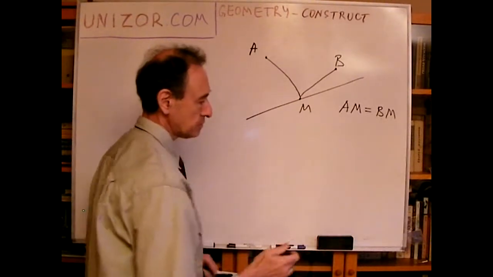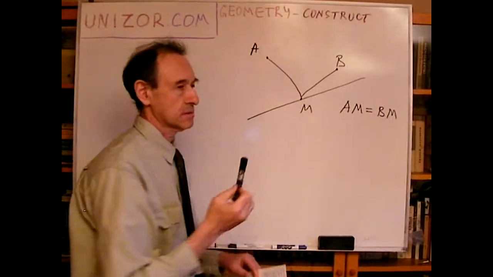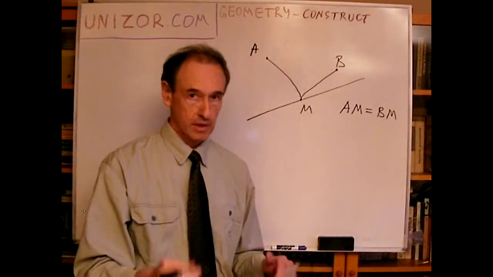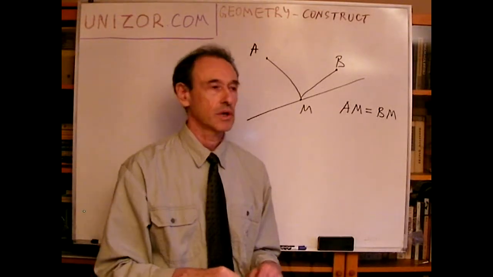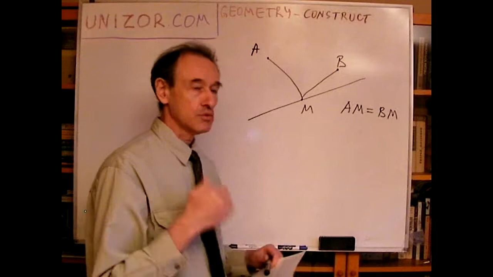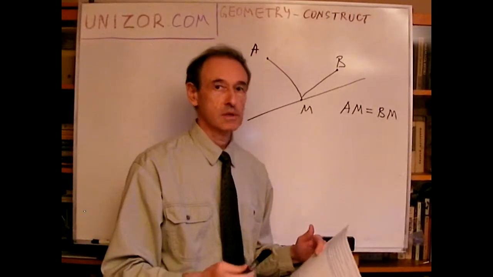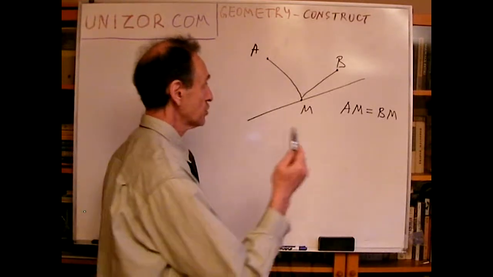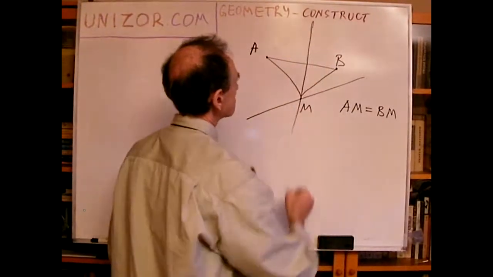So what's the property this point must actually have? Well, it must be equidistant, because that's what the construction problem is all about, which means it should belong to the set of all the points equidistant from two given points A and B, which means it should belong to a perpendicular bisector.